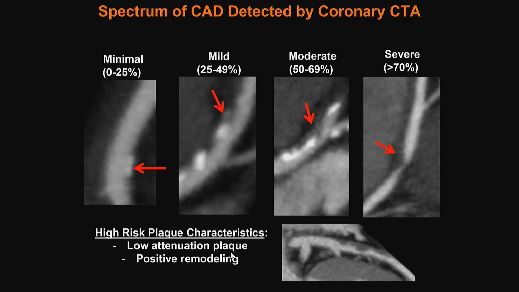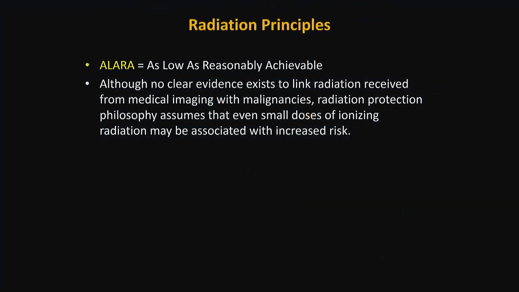Before we talk more about coronary CTA, for the next couple of slides, I do want to turn our attention and talk about some radiation principles that may be important for your board preparation. The first principle, well known to all of us, is the ALARA principle, which is that we should aim to achieve a radiation dose as low as reasonably achievable.